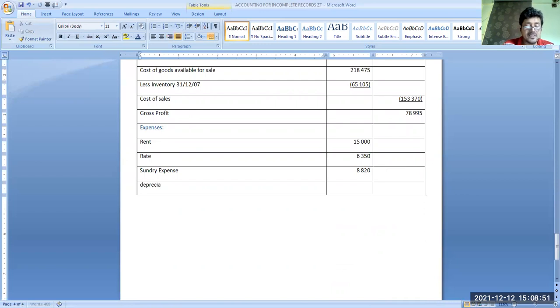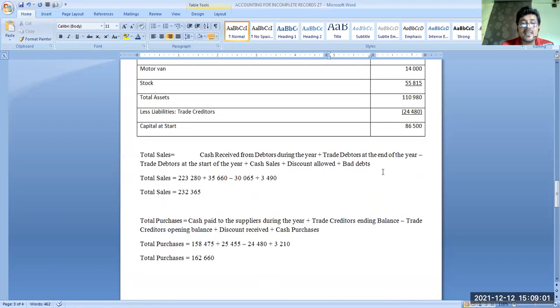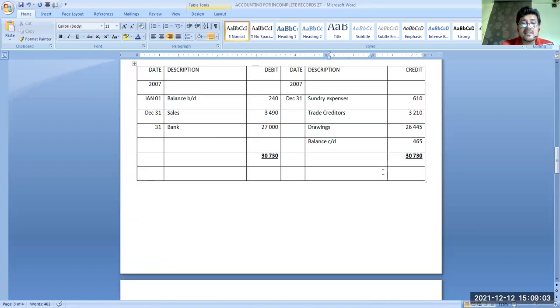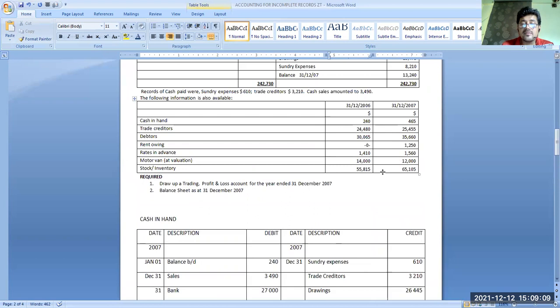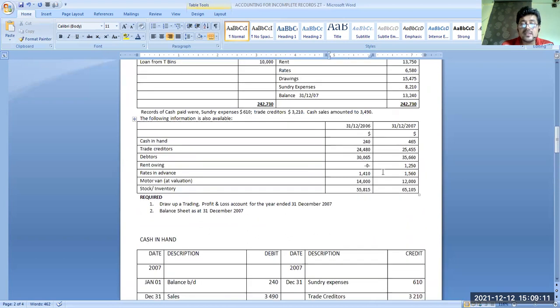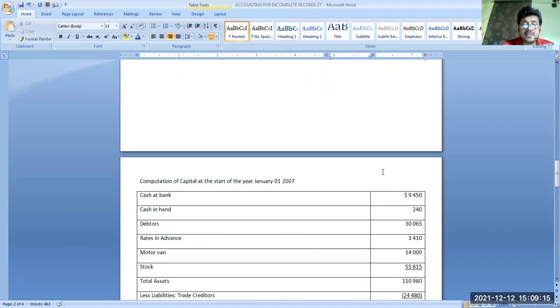So depreciation is 2,000. Let me check all the expenses are done. Yes.